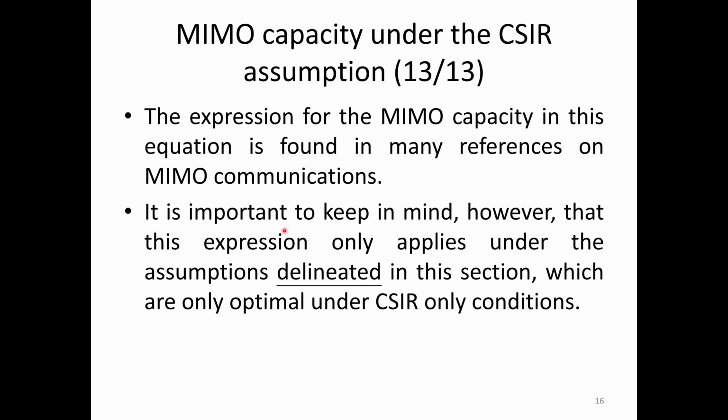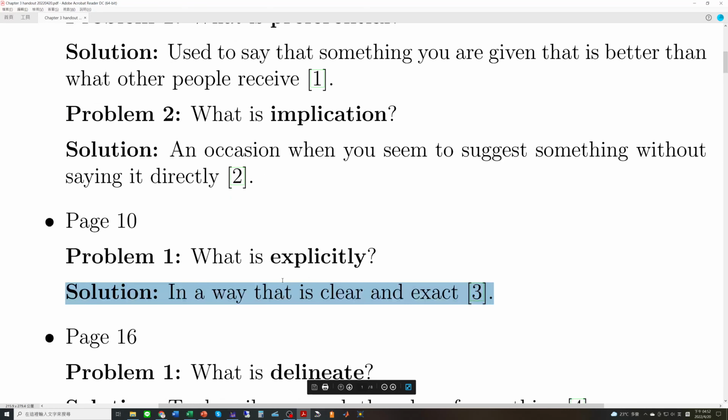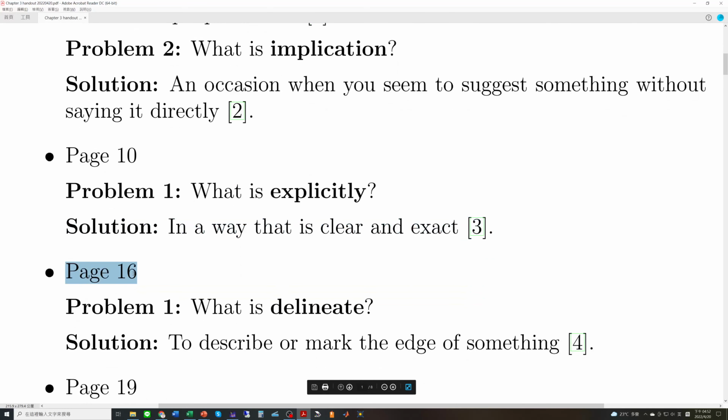The expression for the MIMO capacity in this equation is found in many references on MIMO communications. It is important to keep in mind, however, that this expression only applies under the assumptions delineated. What is the meaning of this word? Let us see the handout, page 16, Problem 1.